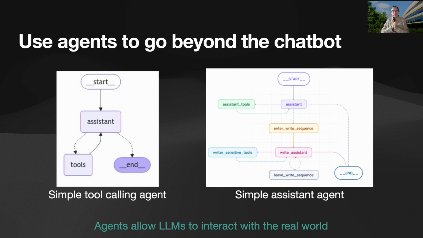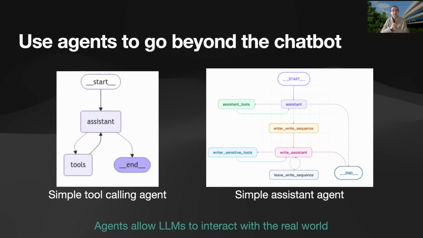For example, you have a book, you want to create the audio for it, and you want to translate it into multiple languages. That's something you can do with an agent, and you can have an output out of those things. So agents will allow us to interact with the real world.